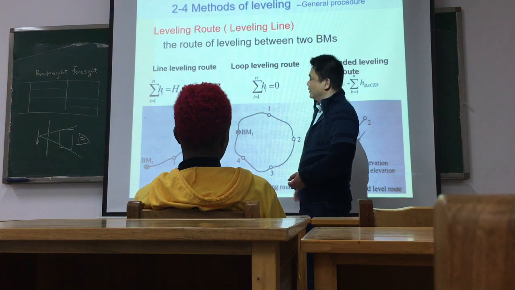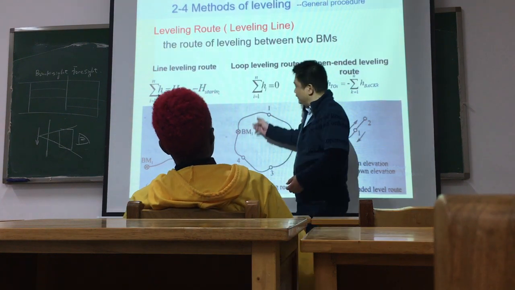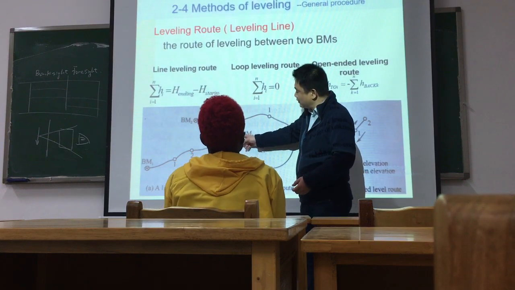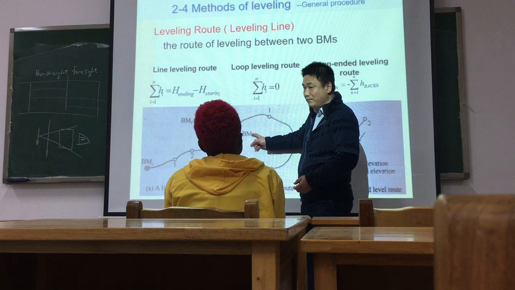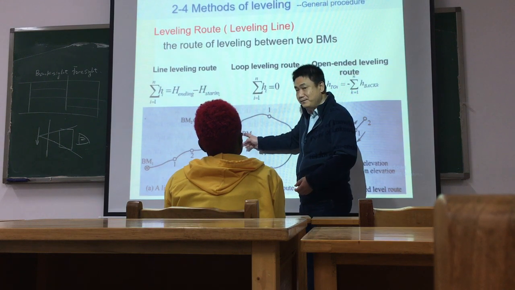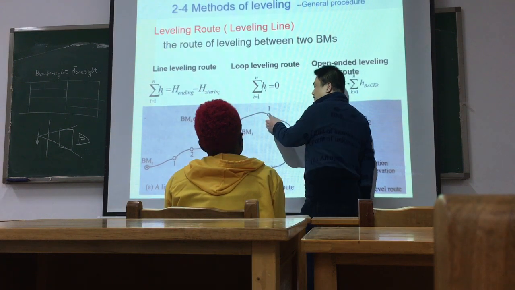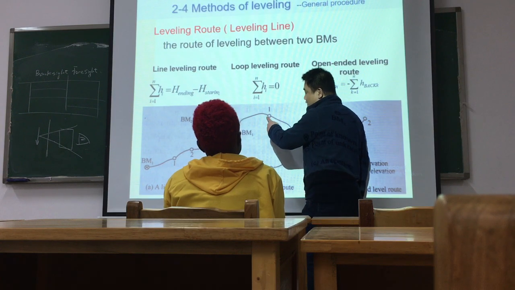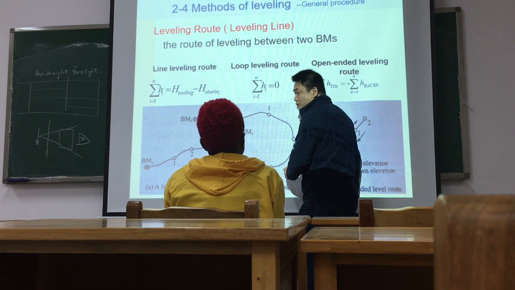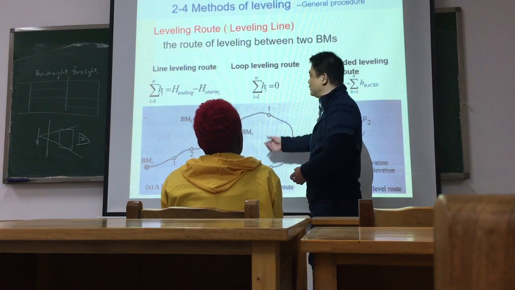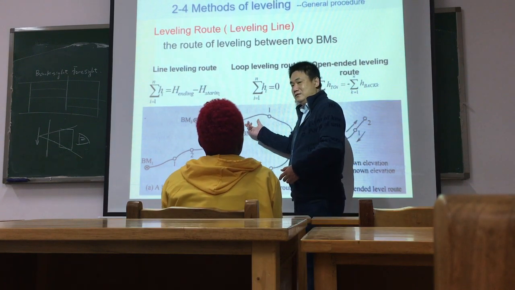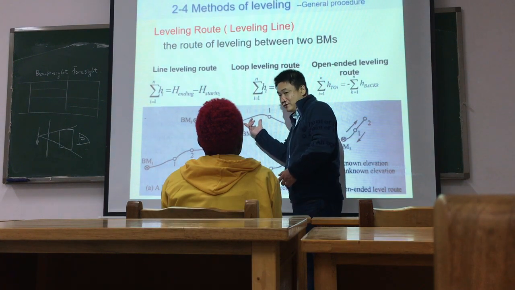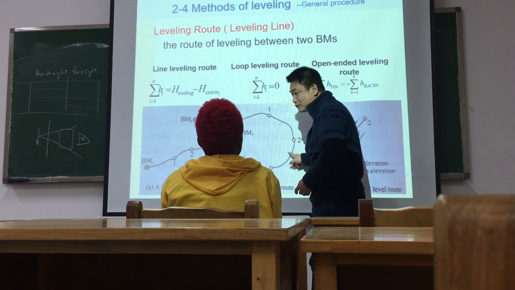So from BM1 and then back to BM1, that means we have points 1, 2, 3, these points whose elevation we want to determine. So we use the level to do leveling observation.